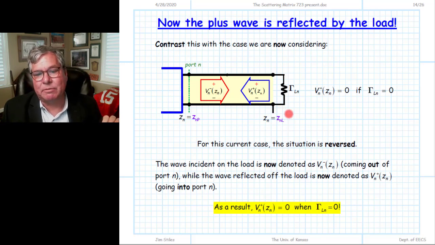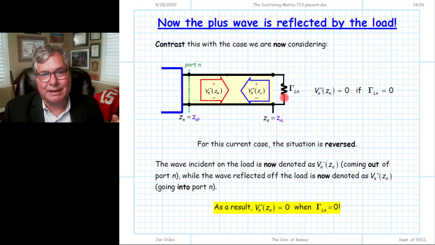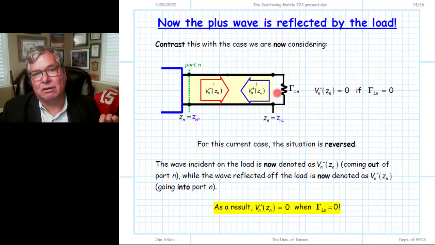For scattering parameters, we have to write it, though, in terms of increasing z as it moves toward the port plane. So the minus wave is the incident wave on the load, and therefore the wave reflected from the load now is moving in this direction toward the port. That would be the reflected wave from the load. And of course, this is the ambiguity that comes into play when we talk about incident. Incident on what? The minus wave is incident on the load here at the end of the transmission line.